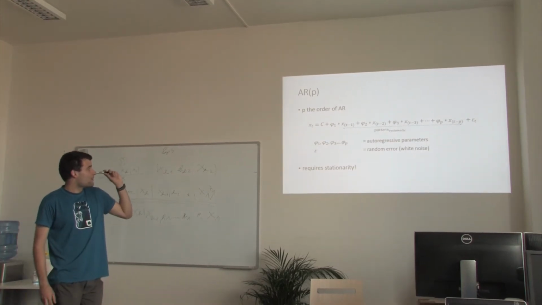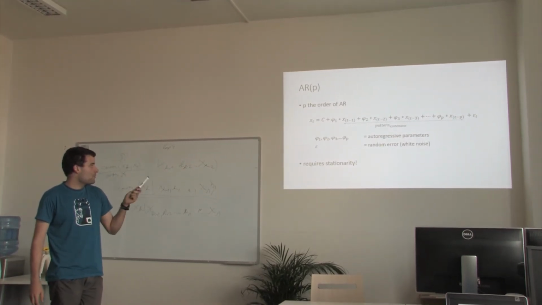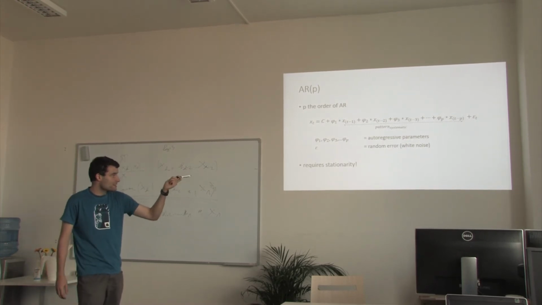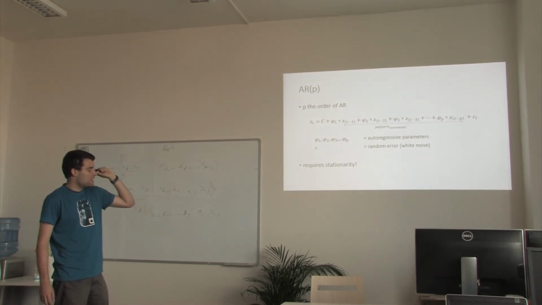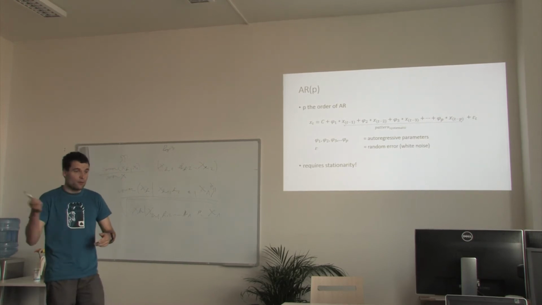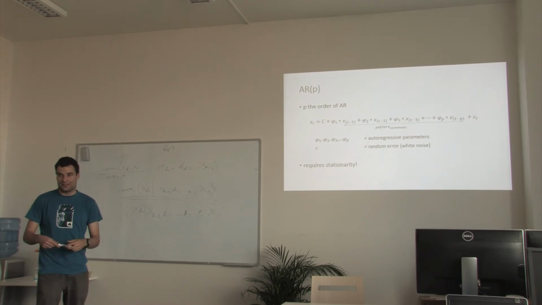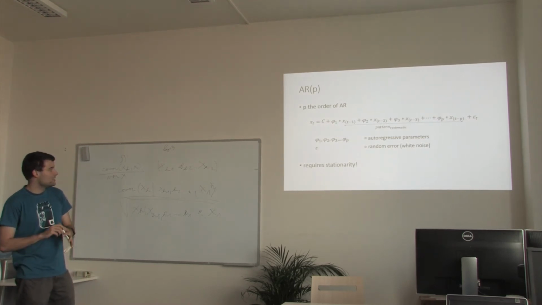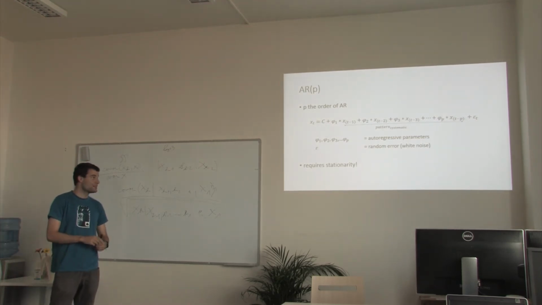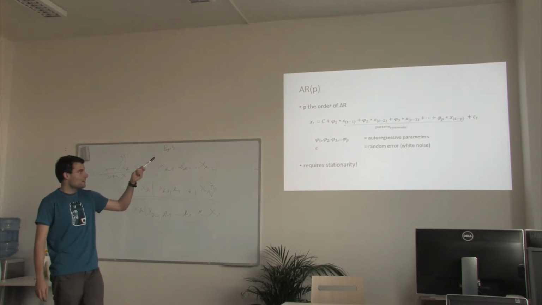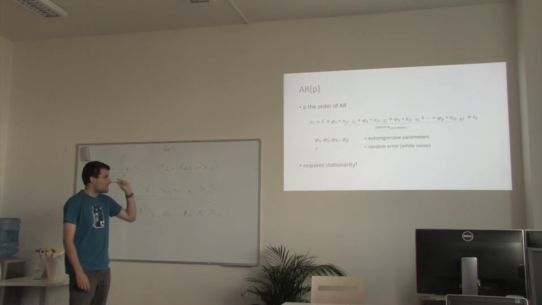The only thing we need is to have these parameters, and if you want to model a stationary time series, then we need some kind of restriction on these parameters as well, because this model is stationary only under a condition.